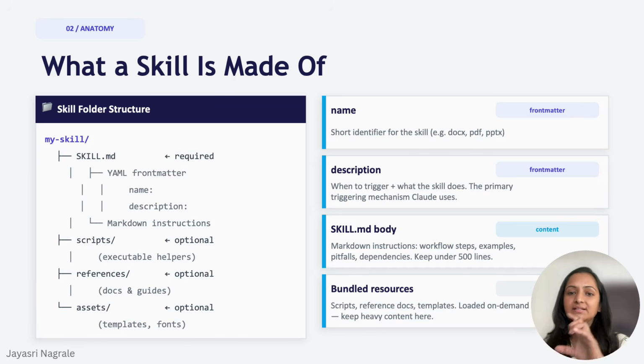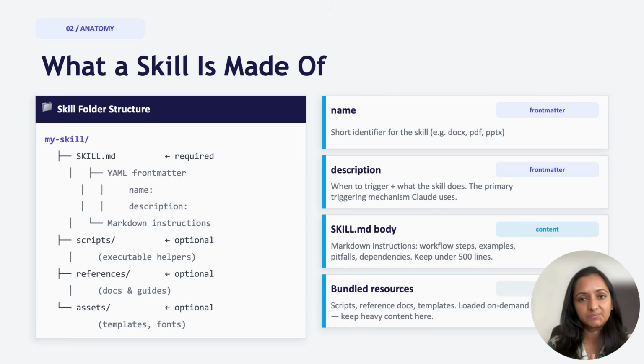All of this will sit in a folder, and once Claude understands that it needs to trigger that particular skill, Claude will then go ahead and fetch the instruction set, the scripts, the assets, and everything. So this is not something that is preloaded into Claude. Only when Claude feels that this is the right time to invoke this particular skill, it will then start pulling in all those scripts and assets.